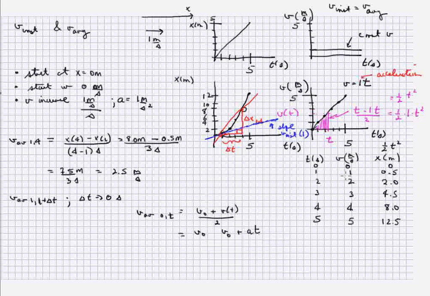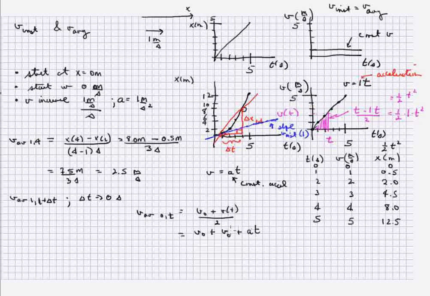So we're generalizing this v equals 1 times t to v is equal to a times t, where a is the constant acceleration. And v0 plus at then gives me the velocity at some later time.